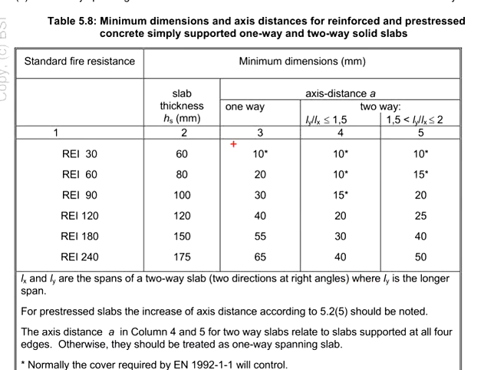Therefore, whichever value that you have obtained for the axis distance for the slab, that will be the value governing the cover of the slab. There is no need for you to add an additional 10 mm in order to acquire asd. Also, you see the star here. That means under these circumstances, the nominal cover is more likely to govern the final thickness of the cover for the slab.